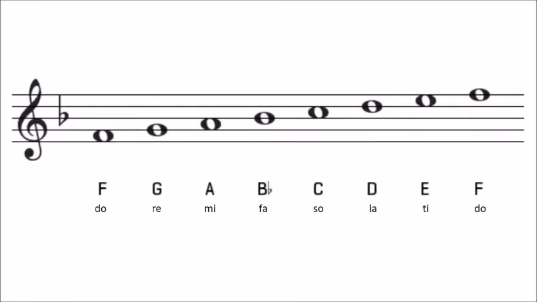Lastly, this is the F major scale. So just like the C major scale and the G major scale, the solfege is also the same. So it's Do, Re, Mi, Fa, Sol, La, Ti, Do. The first pitch happens to be F. So it's F, G, A, B flat, C, D, E, and F. To know whether a major scale is in the key of F, you have to look at the G clef.